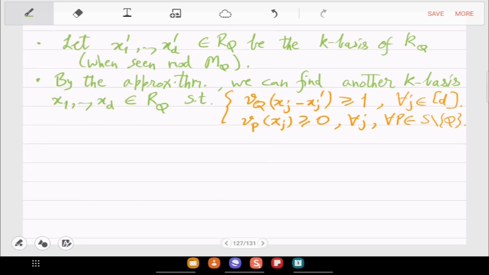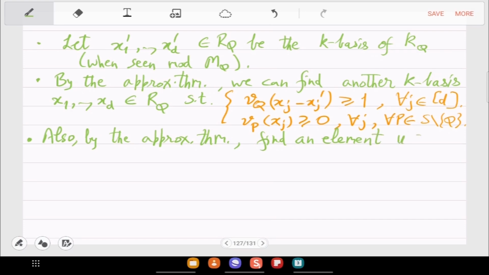And also by the approximation theorem, we can find an element u in k star such that u's order is D+Q.